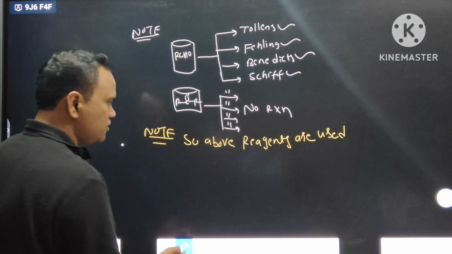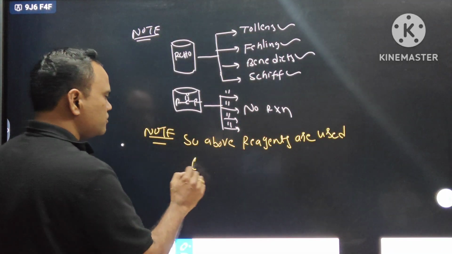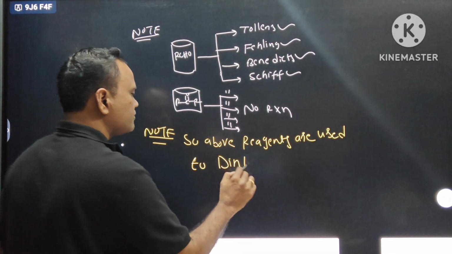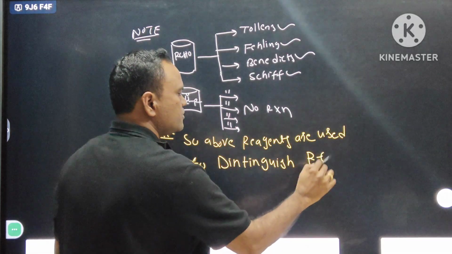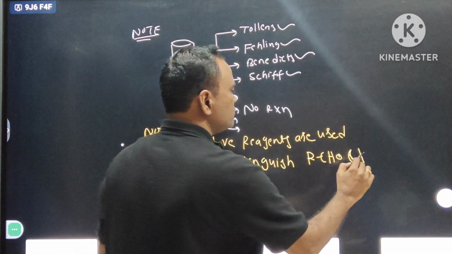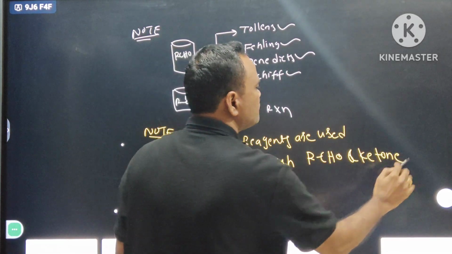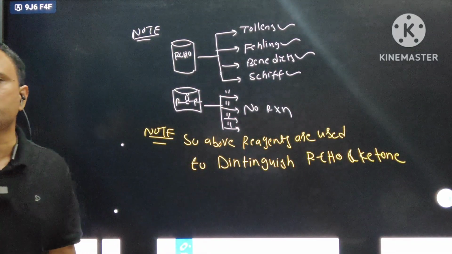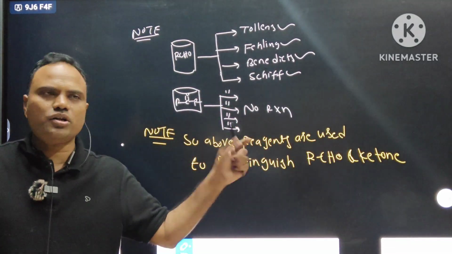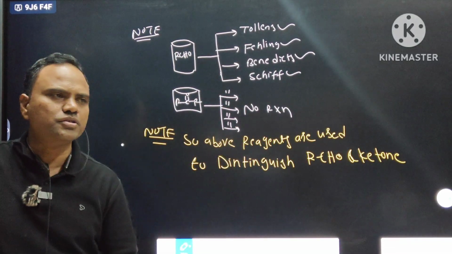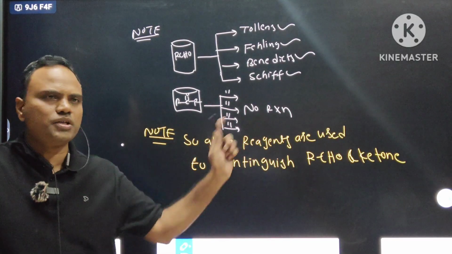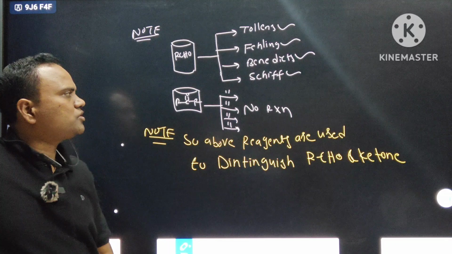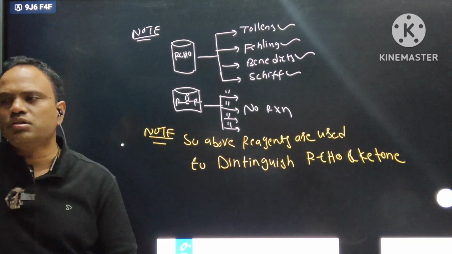Distinguishing tests are also there. These are used to distinguish aldehydes and ketones. You will get names. Propanone and acetaldehyde are distinguished by any one of the reagents. Formaldehyde and acetaldehyde are distinguished by any one of the reagents, because one will react, the other won't.